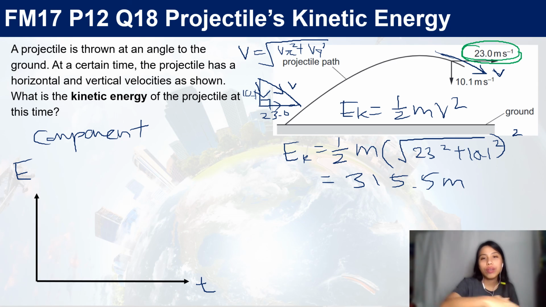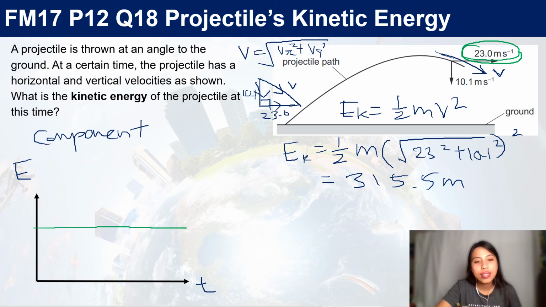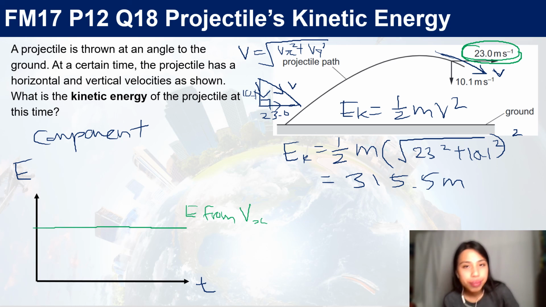It's the same horizontal velocity throughout. So the horizontal kinetic energy is going to start off at the same value and just be the same throughout the whole thing. This is your kinetic energy if you only look at your horizontal velocity. Kind of breaking it down. Well, kinetic energy doesn't have direction, yes, but I'm just showing you how the energies change.